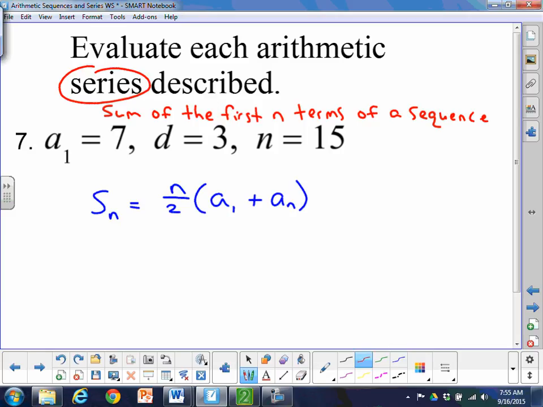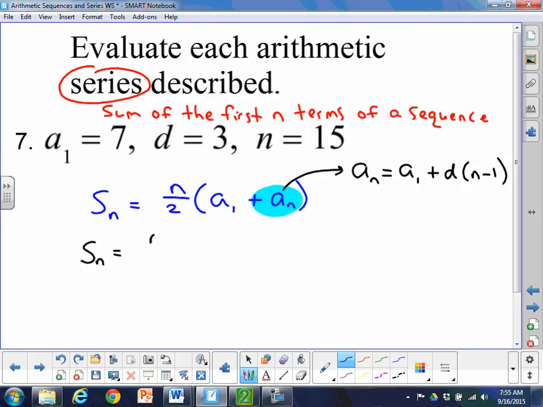Keep in mind this right here we had a formula for earlier. So let me kind of pull that out. Remember that a sub n always equals a1 plus d times n minus 1 from before, right? So that's just for that part. So it looks like we could probably just start plugging in and actually just kind of modify our formula a little bit if we wanted to. This is one option here.